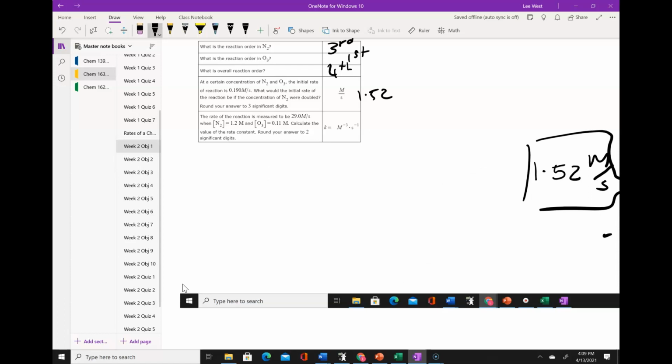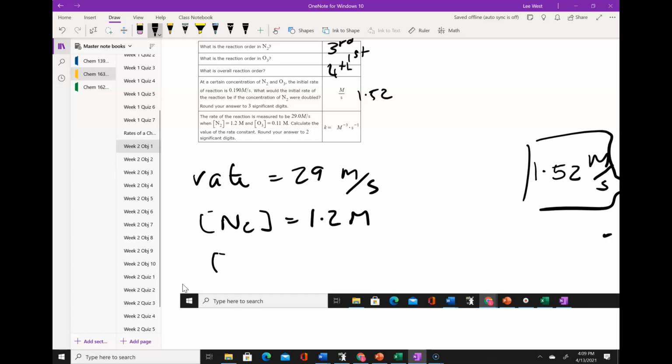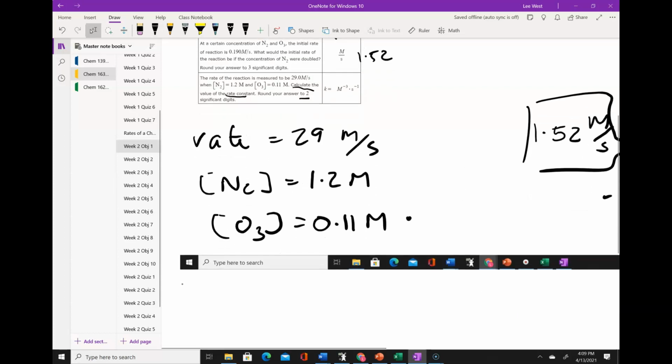The rate of the reaction is measured to be 29, so rate equals 29 molarity per second, when the concentration of N2 equals 1.2 molarity and the concentration of O3 equals 0.11 molarity. It says calculate the value of the rate constant to 2 significant figures, and thankfully they gave you the units, so we don't have to look them up.